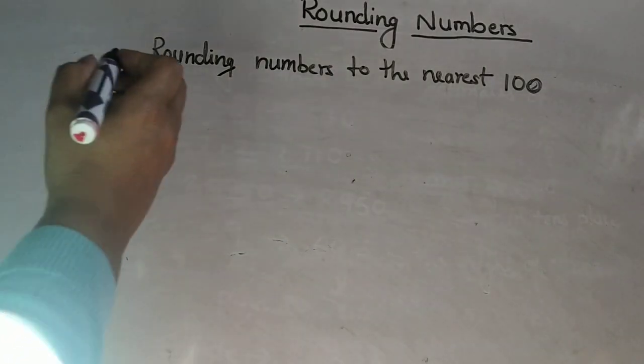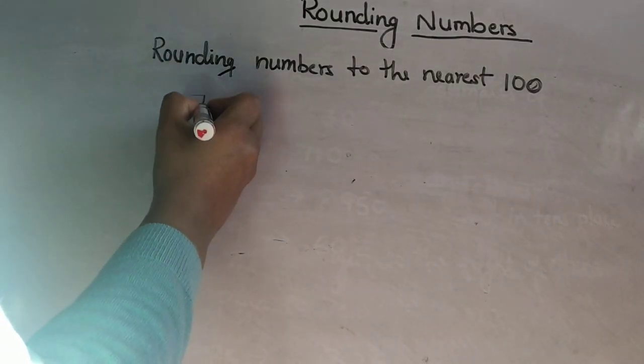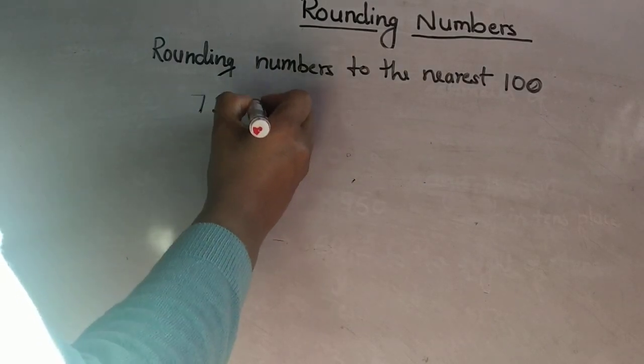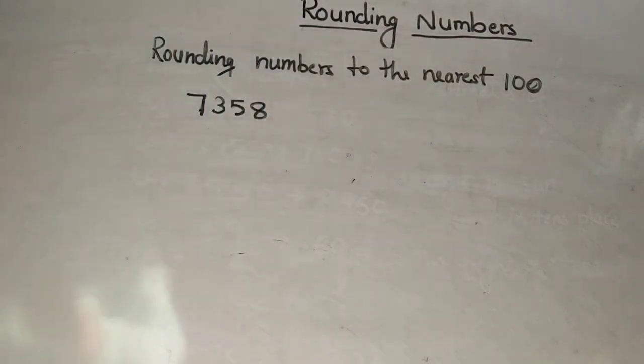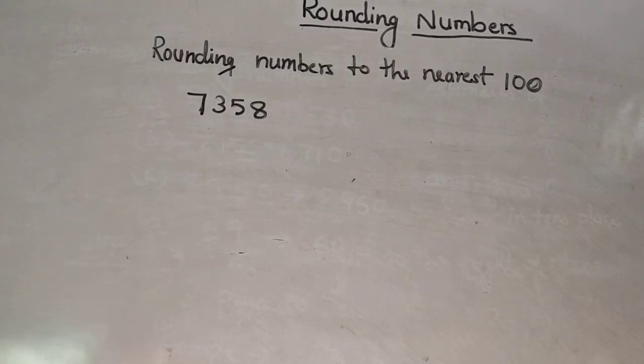Example, round off 7358 to the nearest 100. So step 1, look at the digit to the right of 100 place.